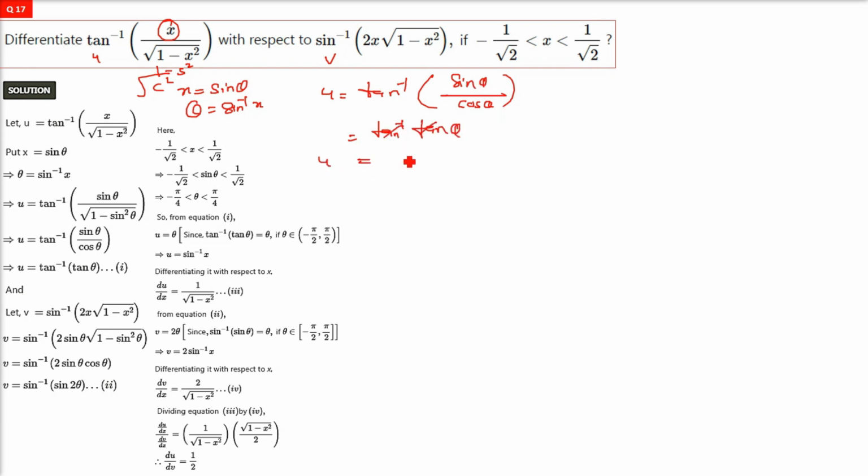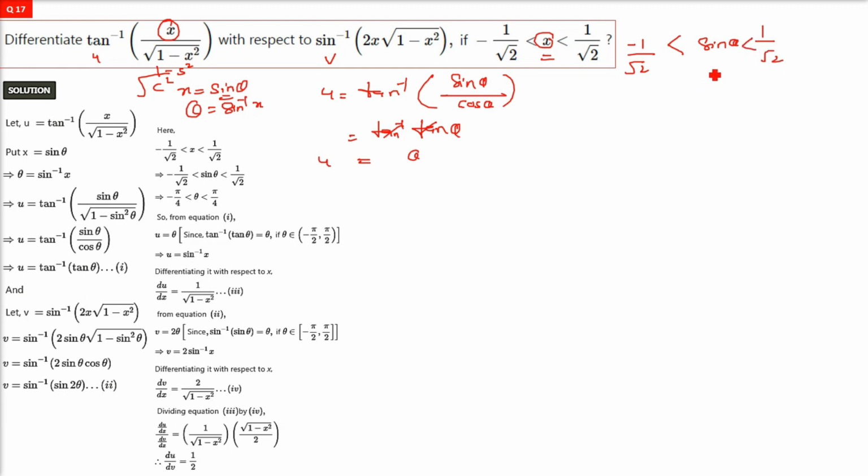And this is theta. We'll talk about this minus 1 by root 2 and 1 by root 2. So this is the range, because x is between these two, right? So in place of x, what are you going to place? Sine theta. Sine theta is between minus 1 by root 2 to 1 by root 2.